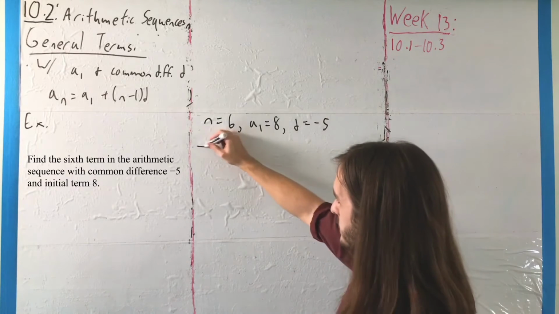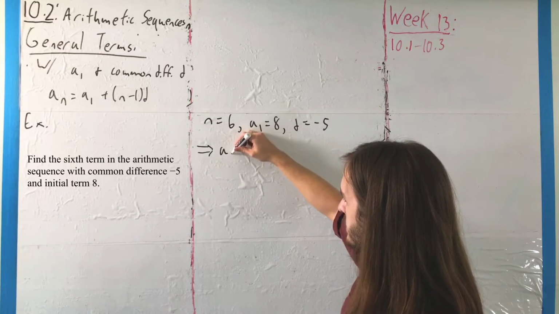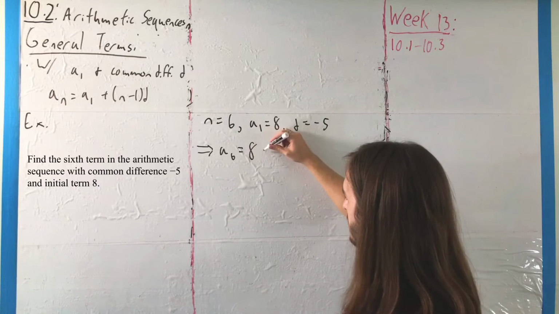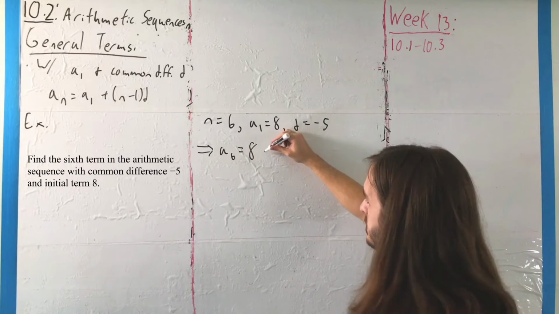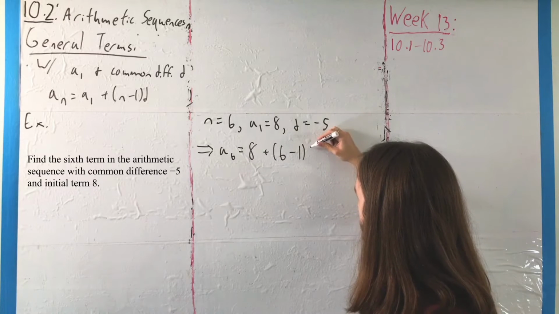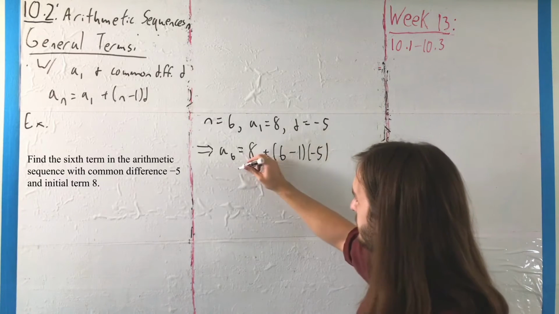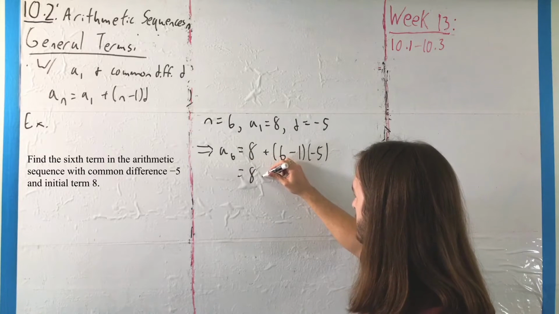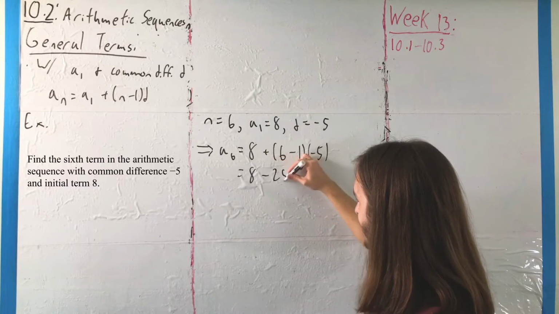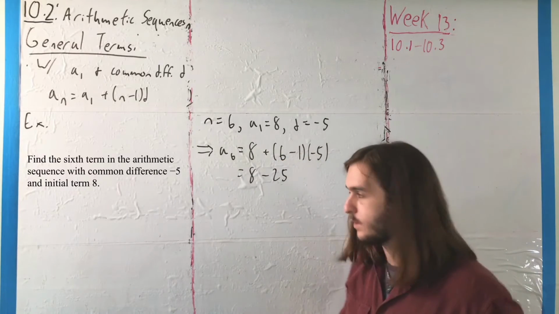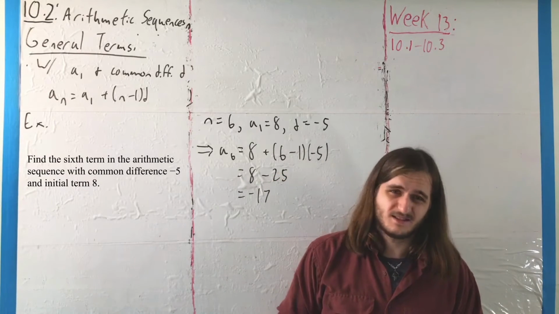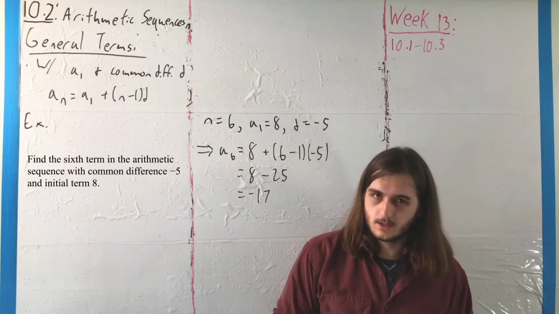So if we want to find an, in this case a6, what we would do is take that initial term 8 and add to it 6 minus 1 multiplied by the common difference -5. So we would get 8, which would be plus 5 times -5, so minus 25, or that a6 is equal to -17.